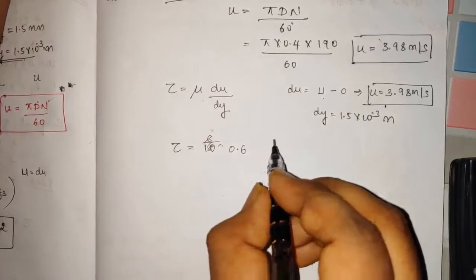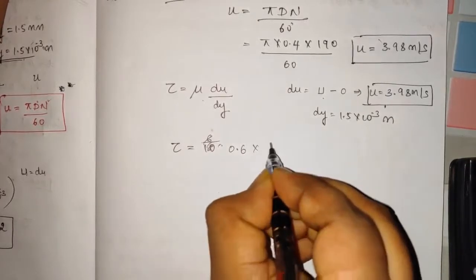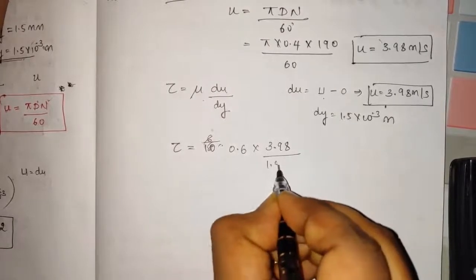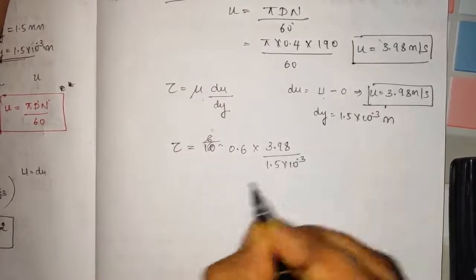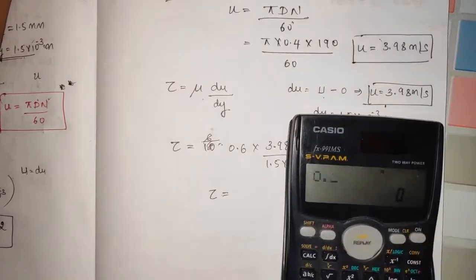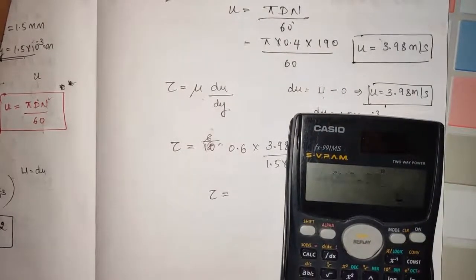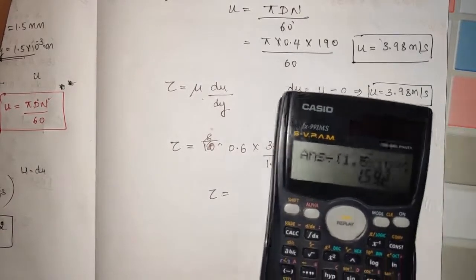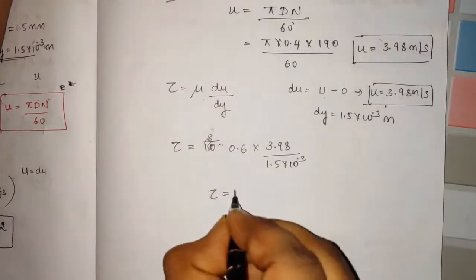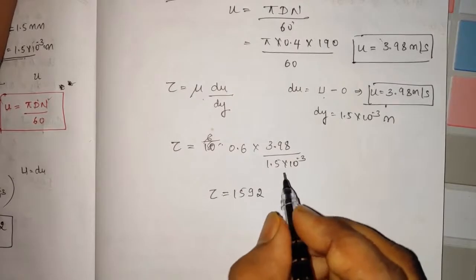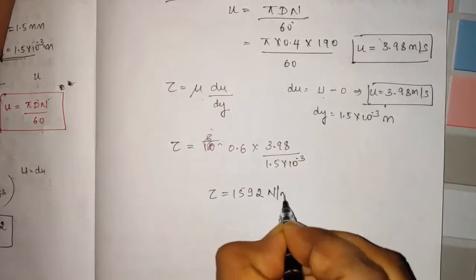So tau is equal to 0.6 into 3.98 divided by 1.5 into 10 power minus 3. This value will be 1592 Newton per meter square.